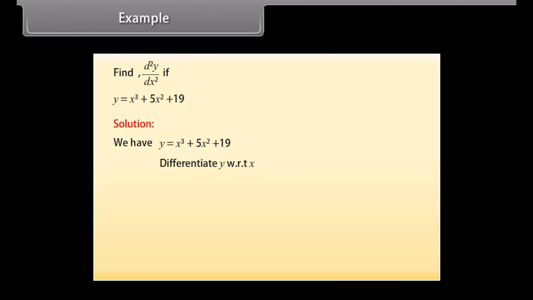Differentiate y with respect to x. dy by dx is equal to 3x square plus 10x. Differentiate dy by dx with respect to x. d2y by dx square is equal to 6x plus 10.